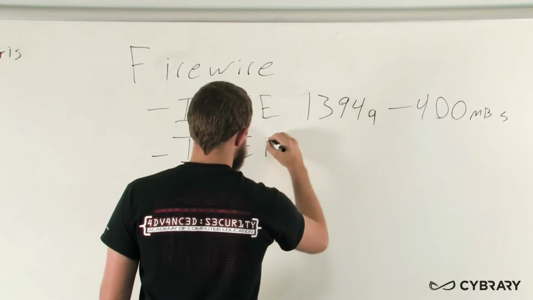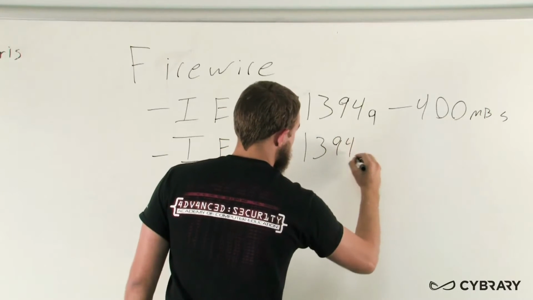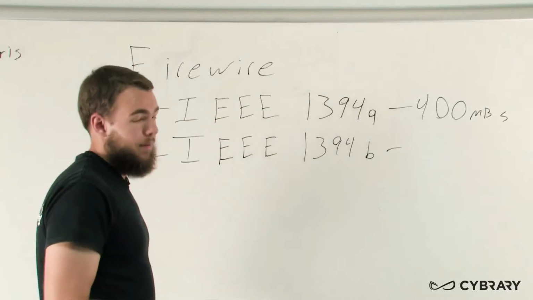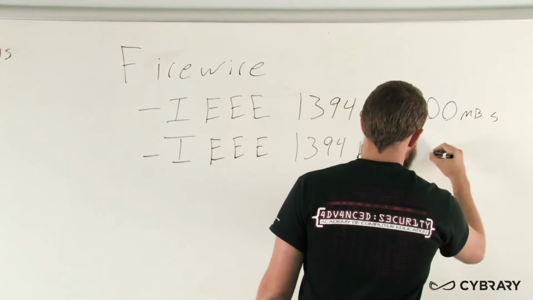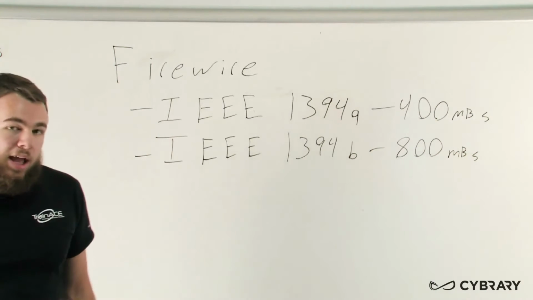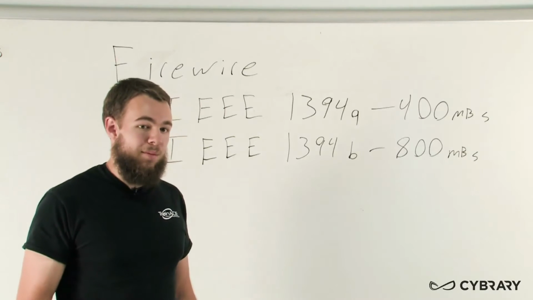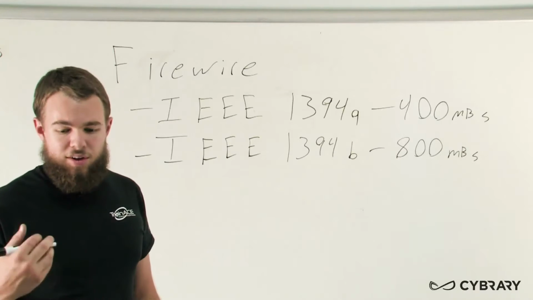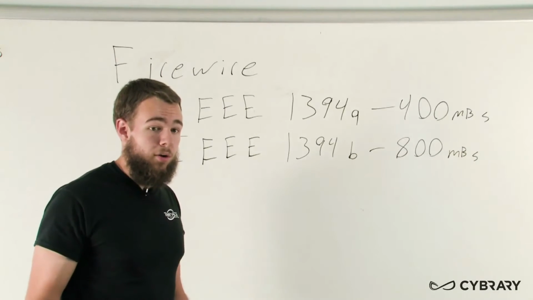There is another iteration, IEEE 1394B, more commonly referred to as the 800 series, because, as you can probably guess, it transfers at 800 megabytes a second. We may see this Firewire cable on digital recording devices like video cameras, or on a couple of older external hard drives, whereas a lot of external hard drives now may use eSATA or USB 3.0.